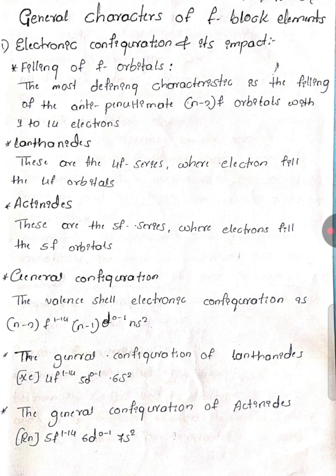In actinides, these are the 5f series where electrons fill the 5f orbitals. General configuration: the valence shell electronic configuration is (n-2)f1 to 14 (n-1)d0 to 1 ns2. The general configuration of the lanthanides is xenon 4f1 to 14 5d0 to 1 6s2. The general configuration of actinides is radon 5f1 to 14 6d0 to 1 7s2.